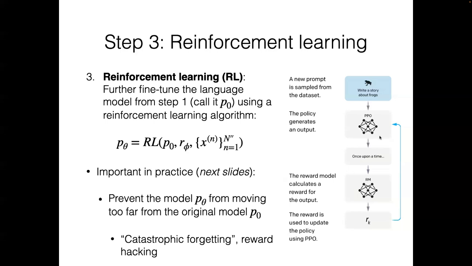So sometimes the reinforcement learning procedure can find ways to exploit the reward model and get these weird outputs. So one thing to do is, if you force the model to remain close to the reasonable SFT starting point, then you could prevent that. And then similarly, you don't want the model to forget all of the knowledge that it's learned during pre-training, just so that it can maximize the reward.